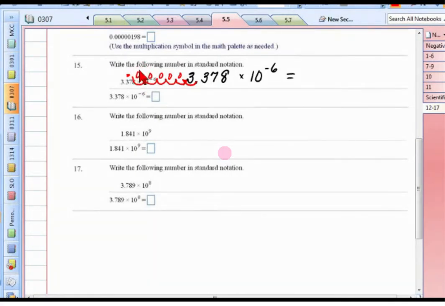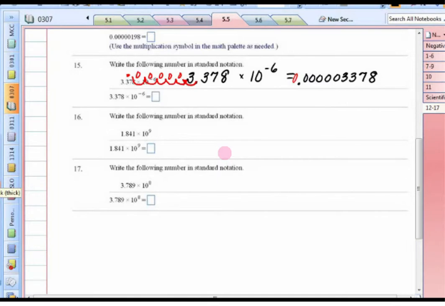So my answer in standard form is decimal point, 0 0 0 0 0, 3 3 7 8. There is a possibility that my math lab would want a 0 in front of the decimal point. I am not positive about that. Is that 15? Yes, it is. That is problem 15.